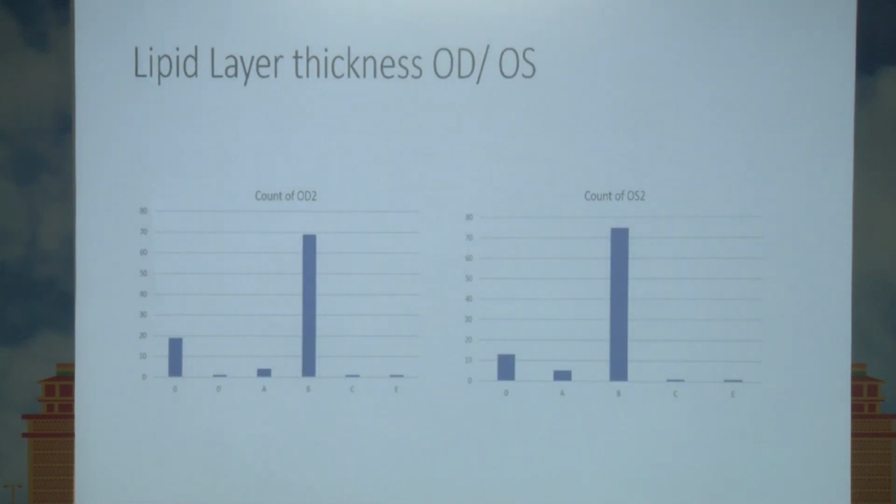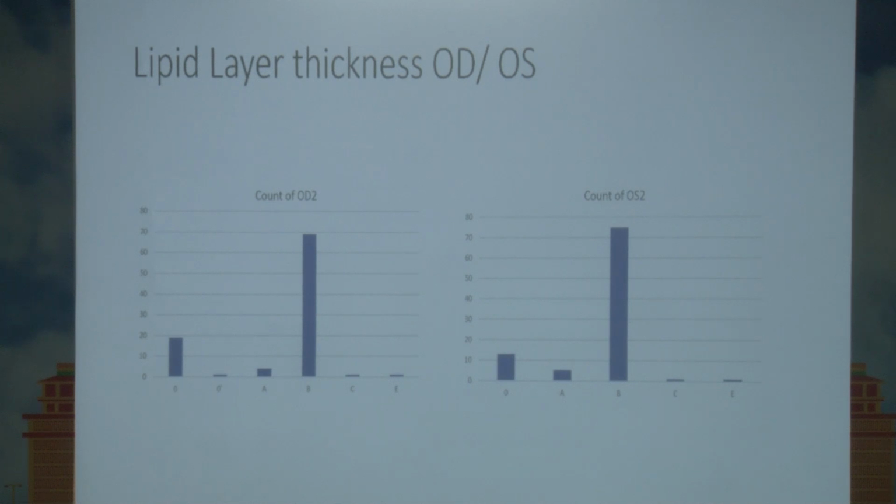As regards the lipid layer, the machine marks from A, B, C, D. A is the least tear lipid layer thickness, then B is little more, C and D is normal.